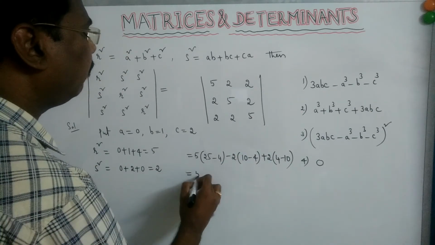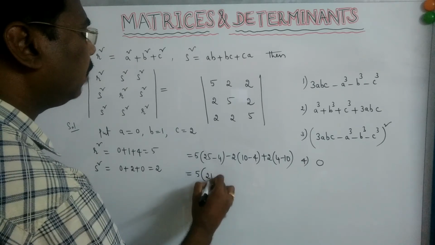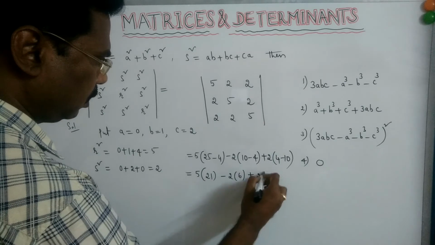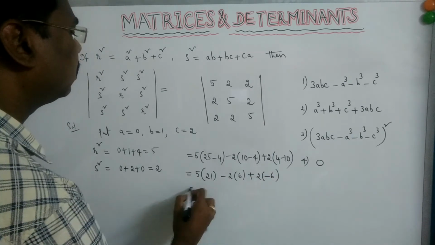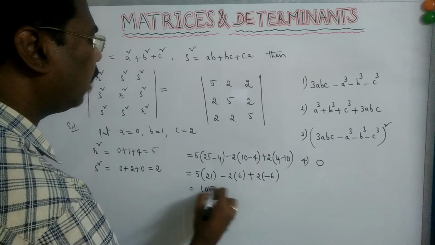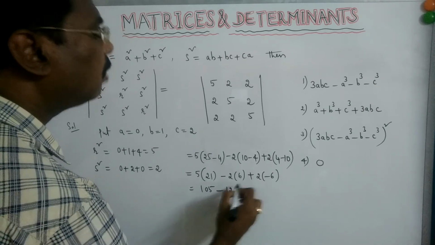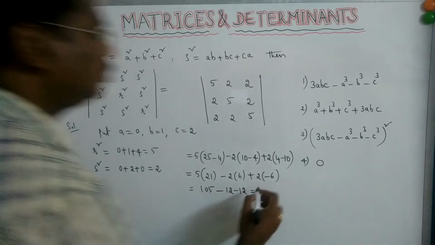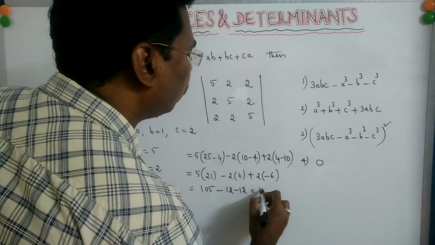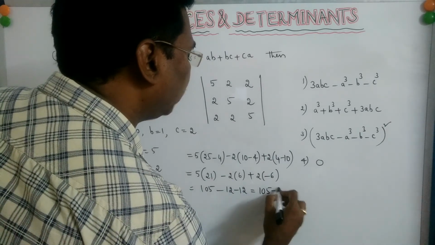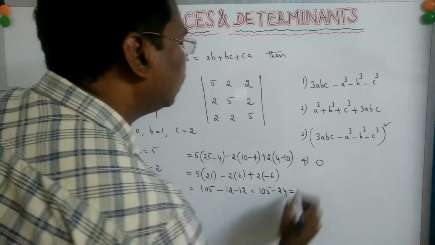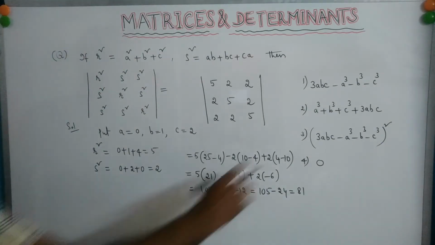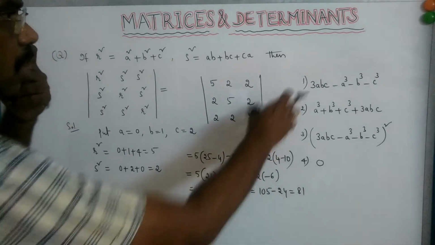Now 5 into 21, minus 2 into 6, plus 2 into minus 6. 105 minus 12 minus 12, 105 minus 24, now 81. Okay, now by verification, option 1.